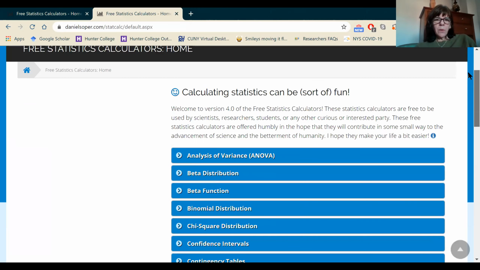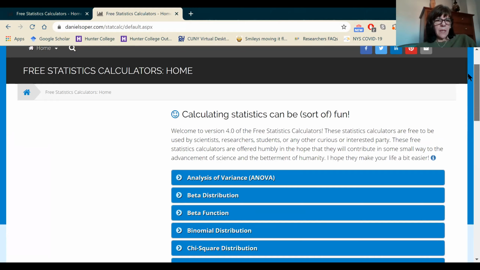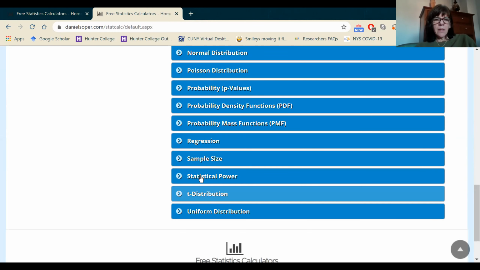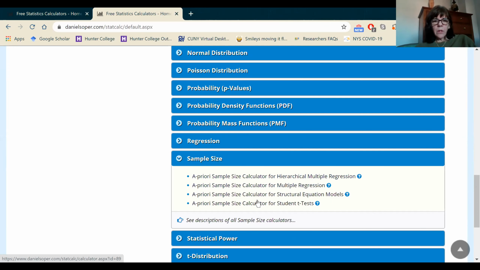So on Daniel Soper's free statistic calculators page, he has a sample size calculator. It's sample size calculator with Soper if you want a priori, the statistical power if you want post hoc. So we're going to look at a sample size power for student t-test.